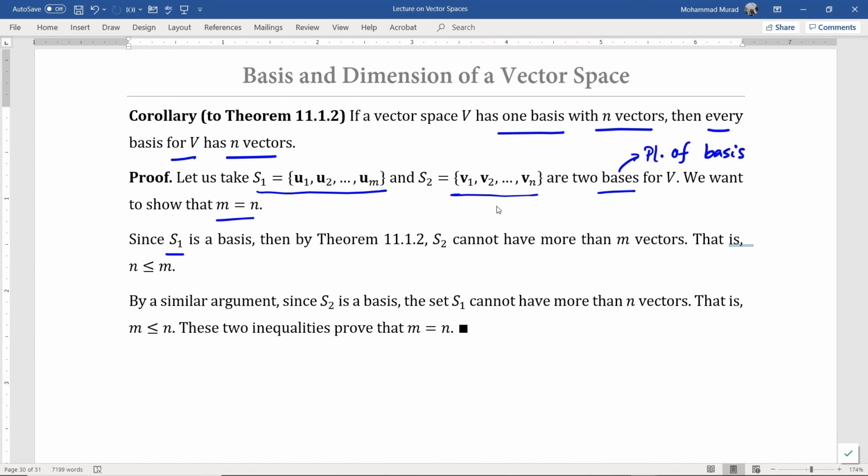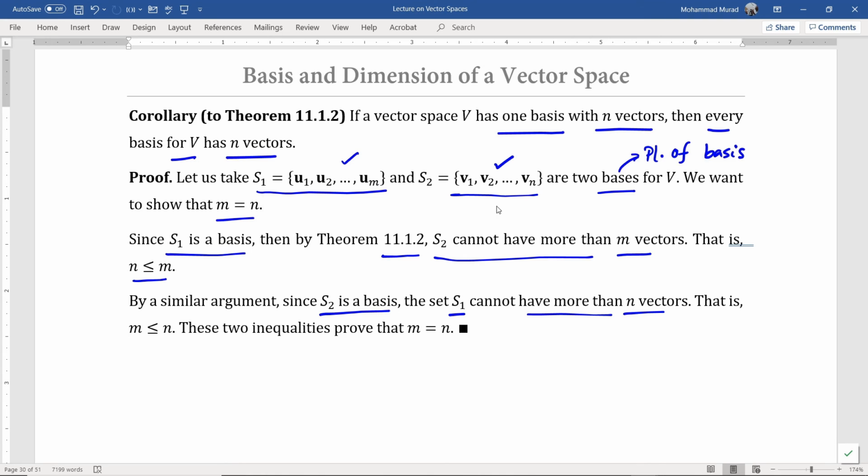Since S sub 1 is a basis, then by the theorem we proved just a moment ago, 11.1.2, S sub 2 cannot have more than m vectors. That is, n has to be smaller than or equal to m. By a similar argument, since S sub 2 is a basis, the set S sub 1 cannot have more than n vectors.